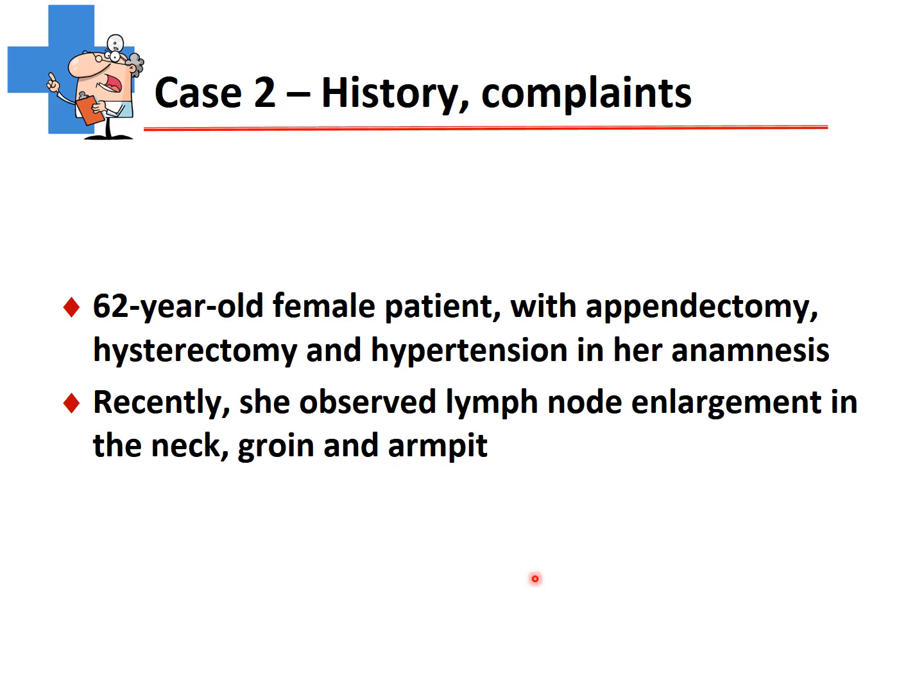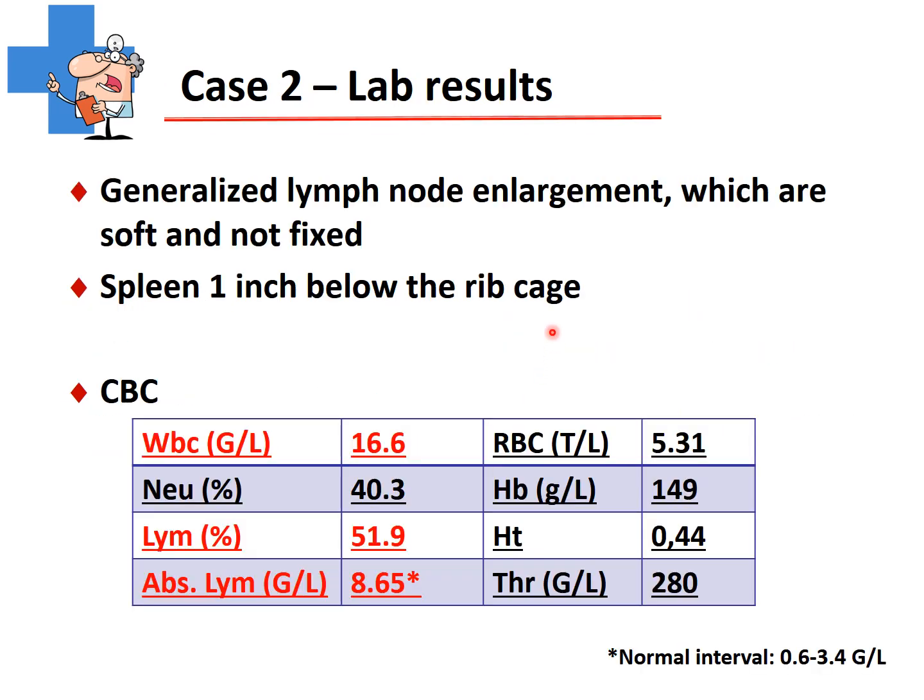Now, this is the case study that we have for CLL. It's a 62-year-old female patient with appendectomy, hysterectomy, and hypertension in her anamnesis. Recently, she observed lymph node enlargement in the neck, groin, and armpit. Findings: generalized lymph node enlargement which is soft and not fixed, spleen 1 inch below the rib cage.